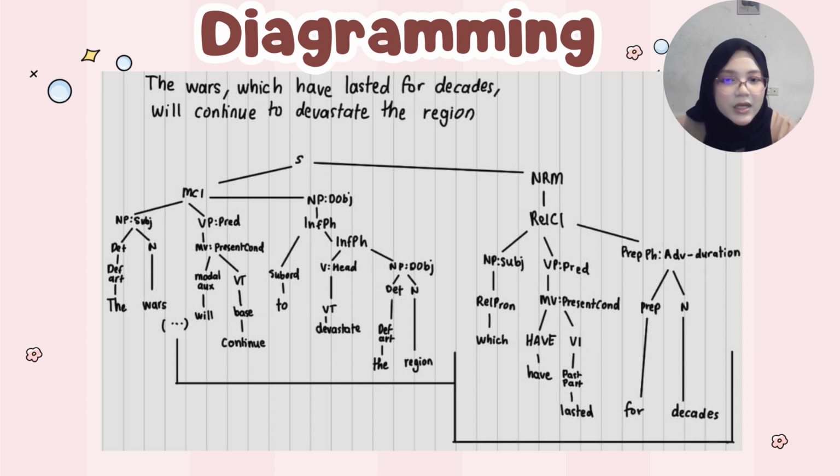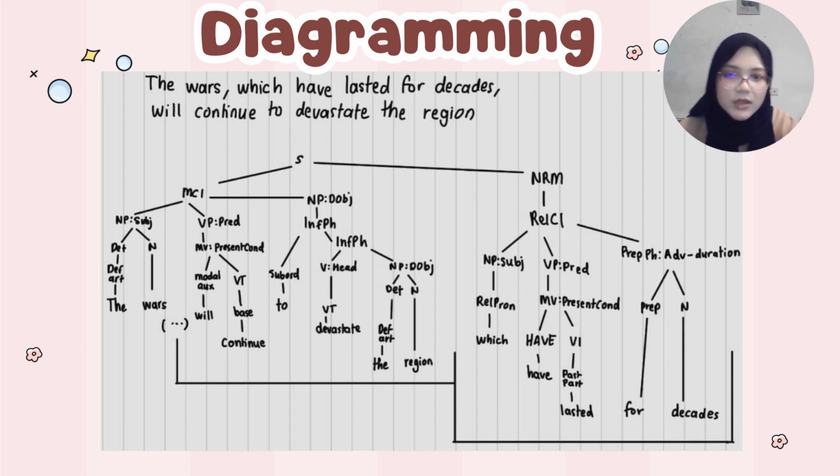Under the verb we have the verb type. For the noun phrase direct object, we break it down into two branches: determiner, under which we have the definite article the, and under the second branch we have region as the noun.